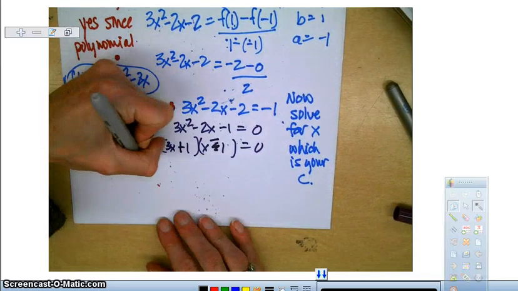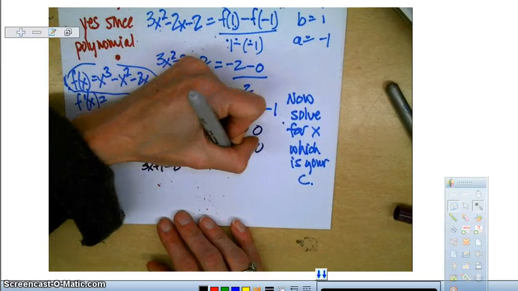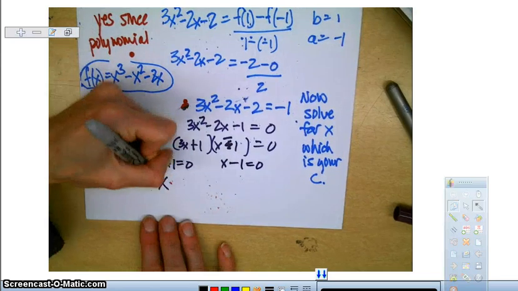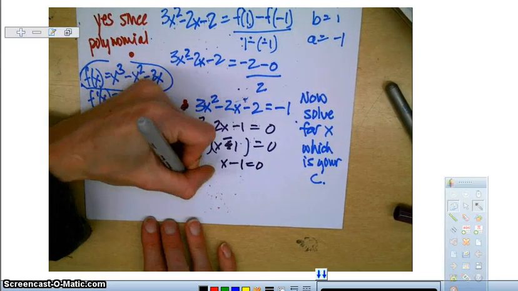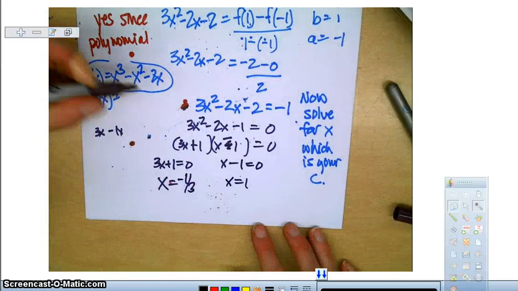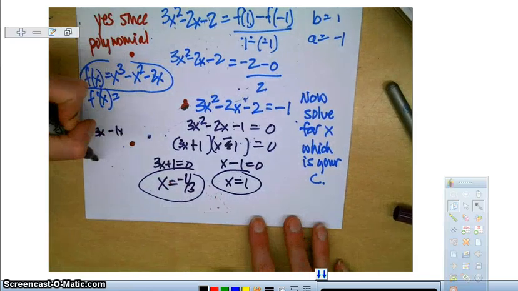Now I separate this and say 3x plus 1 equals 0 and x minus 1 equals 0. So what solution do I get from this part? X equals negative 1/3. And from this one, 1. Which of those is in the interval? What was my original interval?